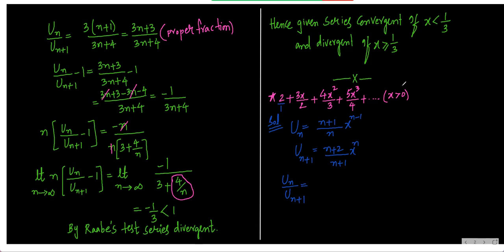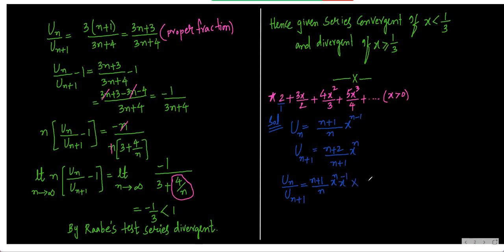We can do it. So numerator divided by denominator, so it will be like this: n plus 1 by n. And now if I split it, this numerator, I can write it as x power n into x power minus 1. Can I write like this?